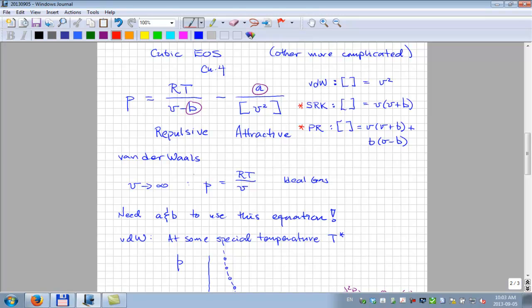The process industry started using cubic equations of state earlier than the reservoir petroleum engineering industry did. The reservoir petroleum engineering industry started around 1980 using them. The process industry started around 1970.